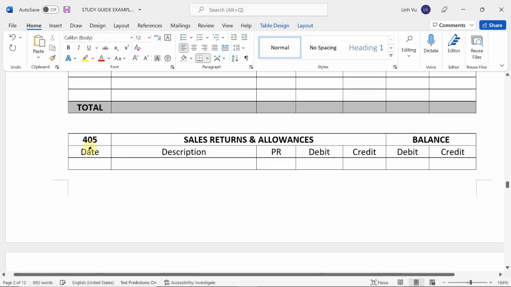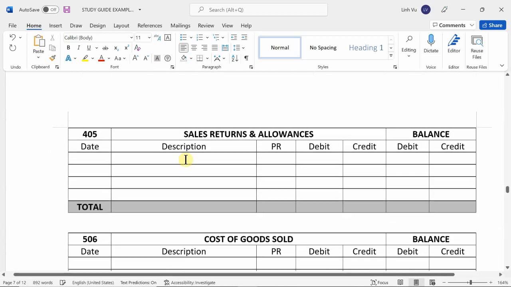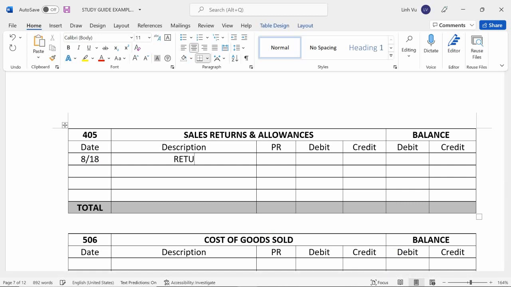Here you go, sales returns and allowance. I'm going to push this down a bit. Sales returns and allowance. Today is the 18th. Return 3 mugs, full refund. Okay, still on page 1. Since a sales returns allowance is going to decrease the account by $17.97.